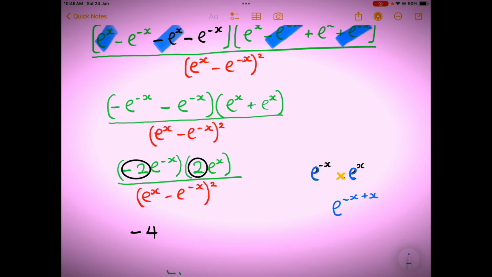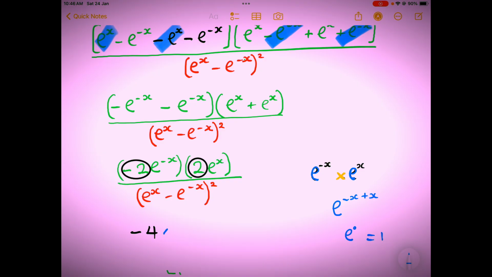So the minus x plus x gives me 0. And any number that the power is 0, the answer is 1. Right? Any number that the power is 0, the answer is 1. Except that maybe the number itself is 0. That will make it undefined. So now e^0 will give me 1.